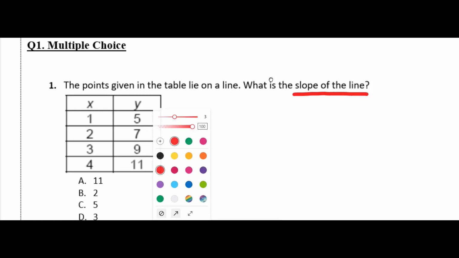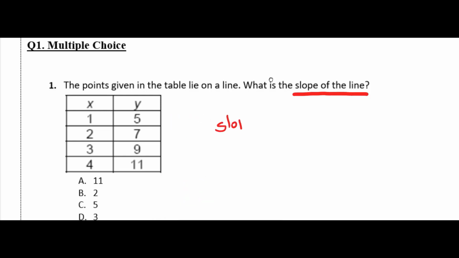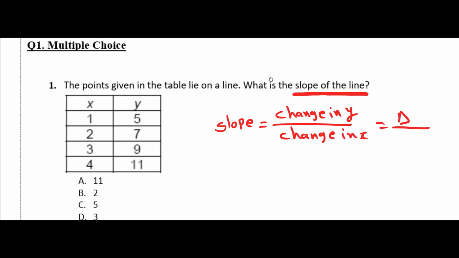The rule is slope equals change in y over change in x, or you can write delta y over delta x, equals change in y, change in x, meaning you do minus between y and y, and x and x.